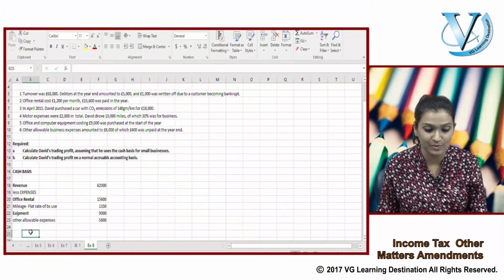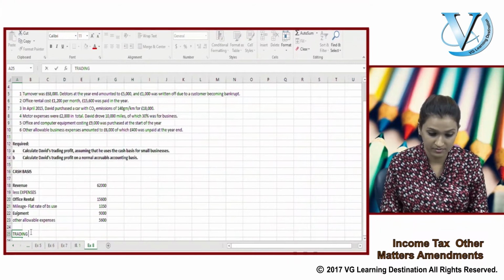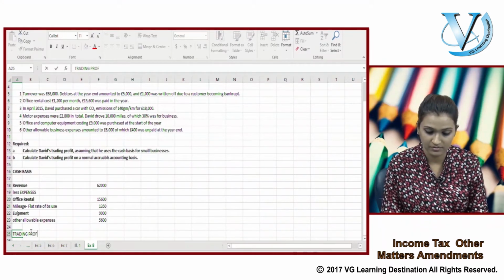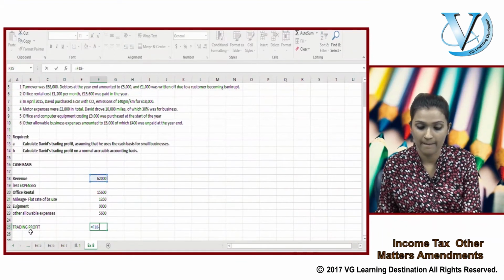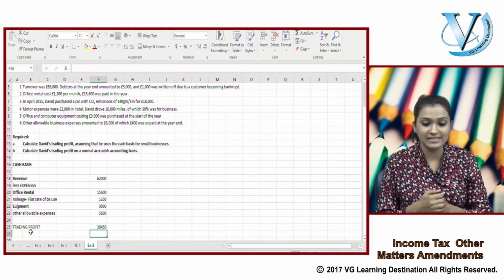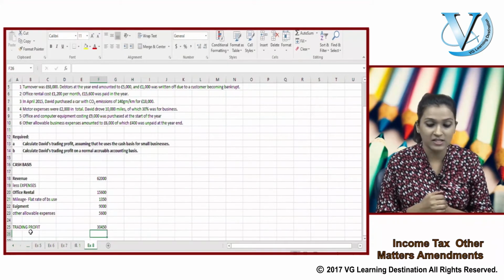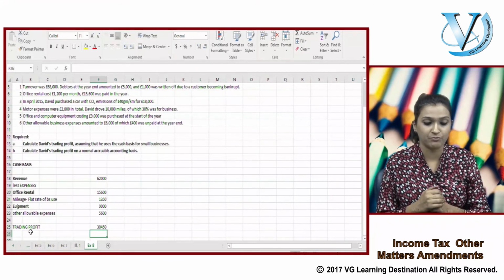So on your cash basis, what is your trading profit? £30,450 is your net profit.